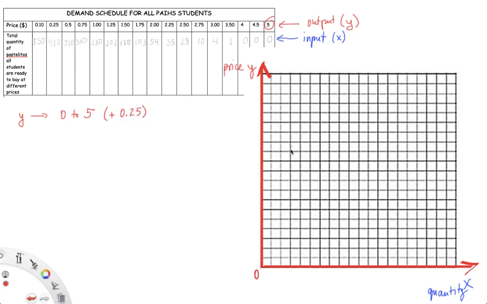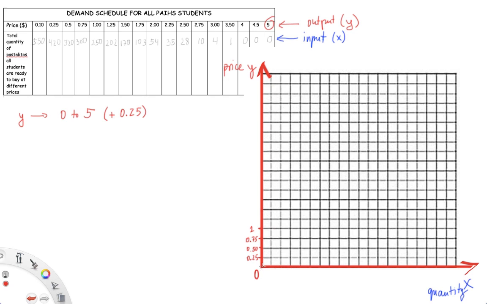So what we have to think about is that each square will represent 25 cents. So this square over here will represent 25 cents. The next square here will represent 25 cents plus 25 cents, 50 cents. The next square will represent 50 cents plus 25 is 75 cents. And then $1.